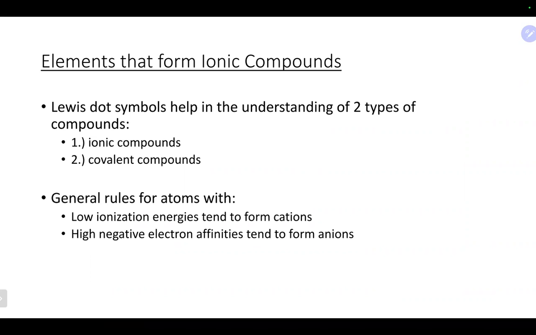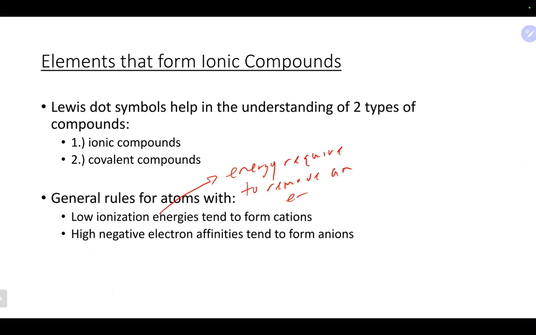If you remember, ionization energy is the energy required to remove an electron from the gas phase. So if something has really low ionization energy, it doesn't take a lot of convincing for the electron to go. Typically on the periodic table, left and down is low ionization energy.